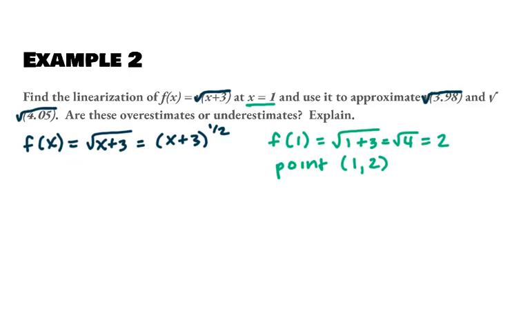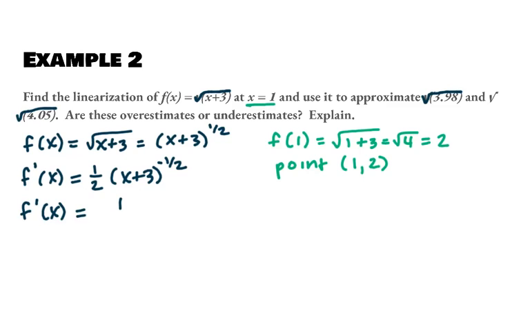And now that I have the point, I need the slope. So that means I need to take the derivative. Okay, so 1/2 times x plus 3 to the negative 1/2. And don't forget the chain rule. In this case, our chain rule would just be 1. And once I have the derivative, I write it in an easier way to evaluate, so that would be 1 over 2 square root of x plus 3.